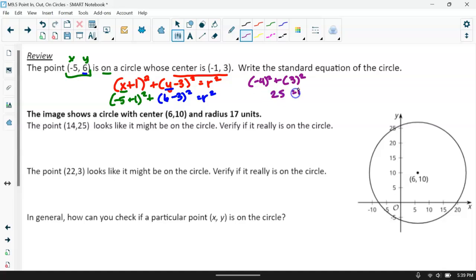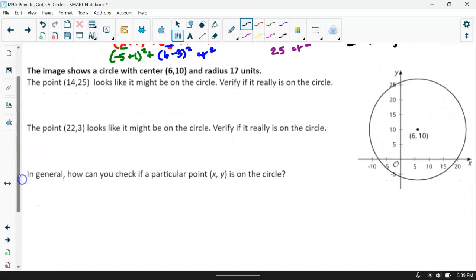So 25 is equal to our r². So the equation of this circle is (x + 1)² + (y - 3)² = 25. Here's our center, and notice we have a radius of 5 and a diameter of 10.